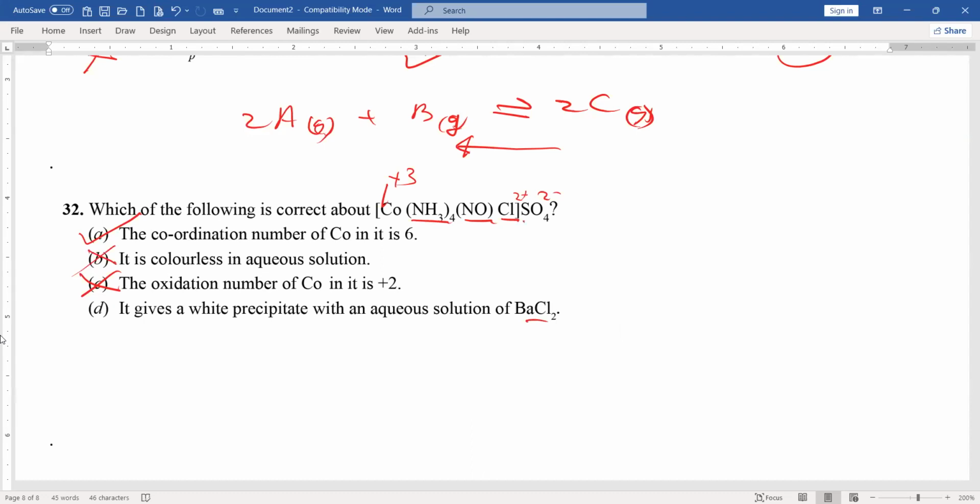Here we have ionic sulfate. Sulfate ion, SO4 2 minus, will react with Ba2 plus, giving BaSO4, that is a white precipitate. So it is correct. A and C are correct. The fourth one is the answer.